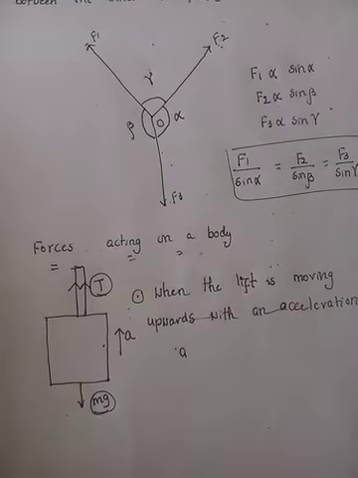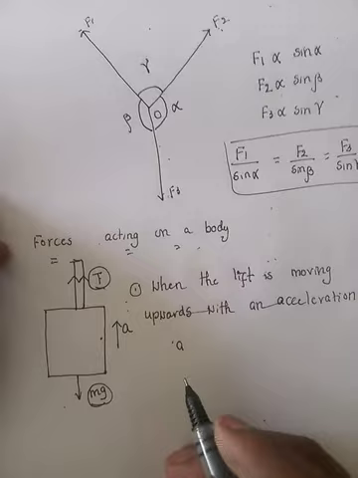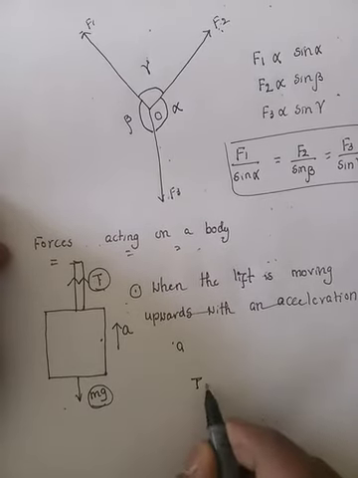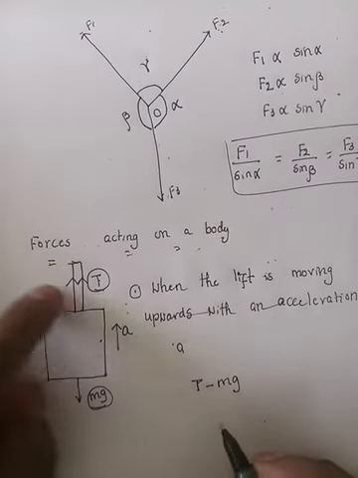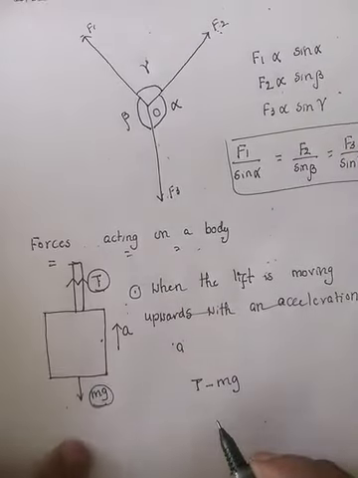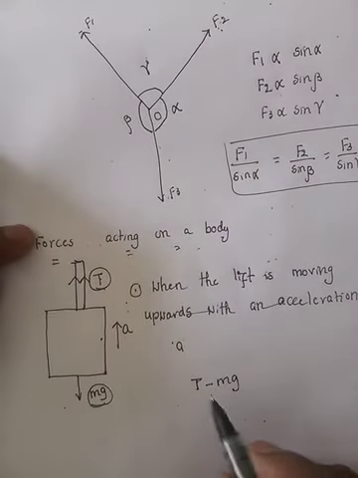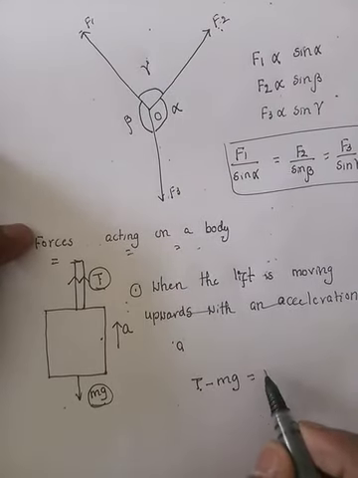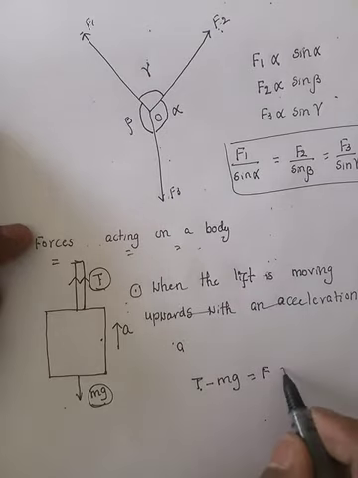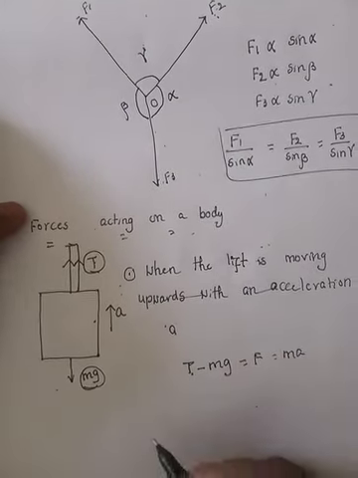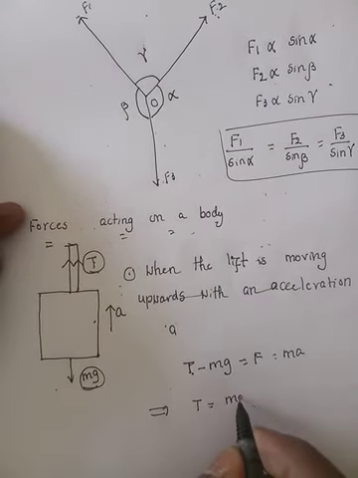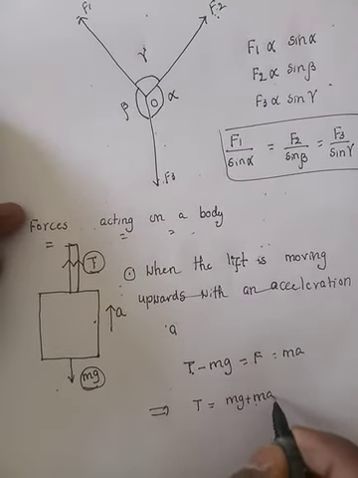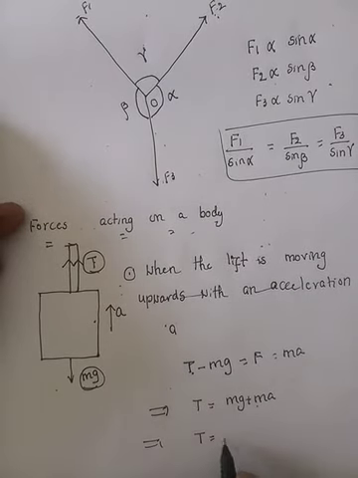What is the resultant? Tension minus mg, because T is acting upwards and mg is acting downwards. So it is moving upwards, so T minus mg equals F, which is ma. From this, T equals mg plus ma. Taking m common, T equals m into (g plus a).